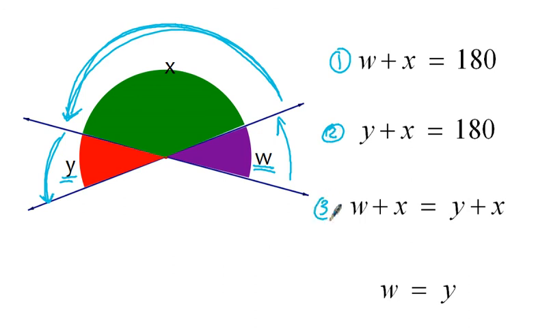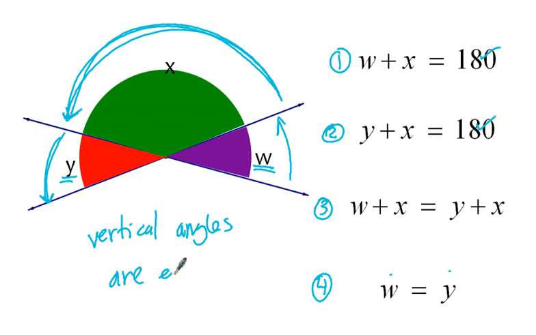And therefore, these two expressions must equal each other, since they both equal the same thing. And if we just subtract x from both sides, we get that w equals y, which proves that vertical angles are always equal.